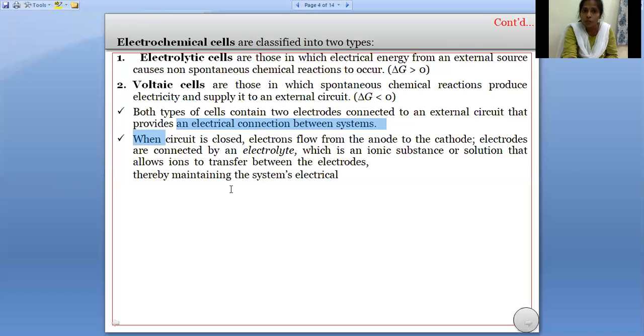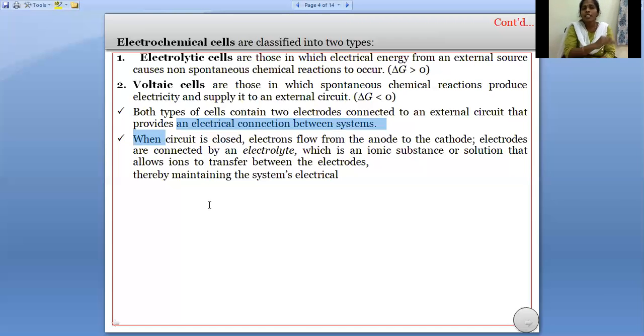When the circuit is closed, electrons flow from the anode to the cathode. The electrodes are connected by the electrolyte, an ionic substance or solution that allows ions to transfer between the electrodes, thereby maintaining the system's electrical neutrality.